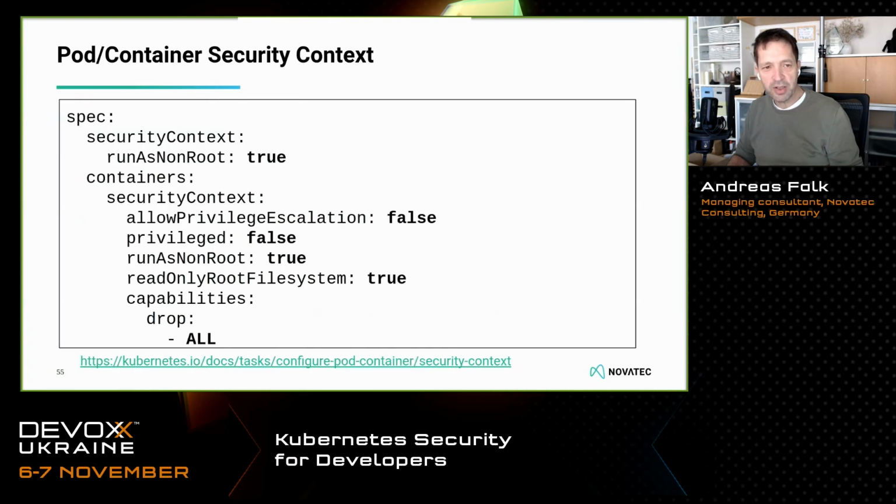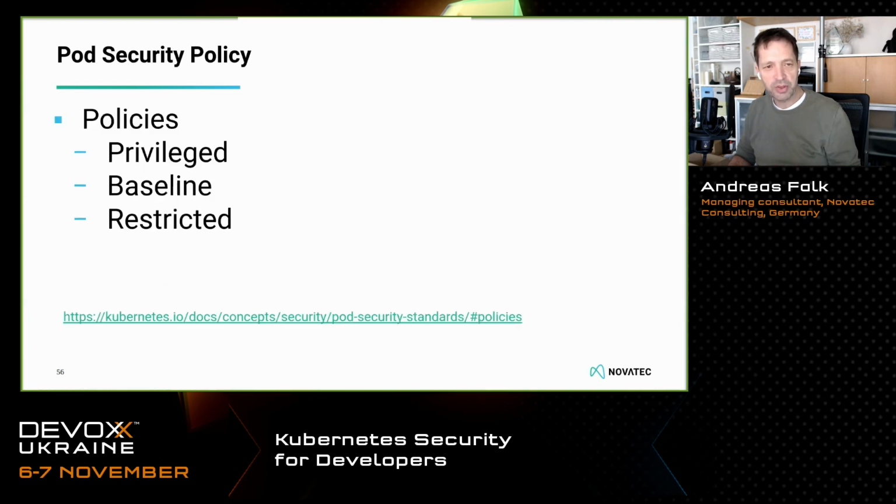And the pod security policy. So that was a security context that you have to set for each and every container in a special way. But it's easy to forget to add a security context for each container. So the other approach would be to put policies cluster-wide instead, using a pod security policy. The Kubernetes documentation specifies 3 different approaches here.